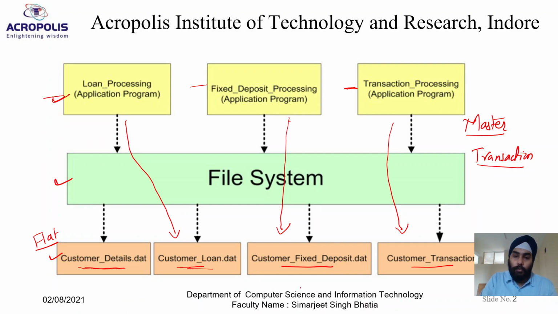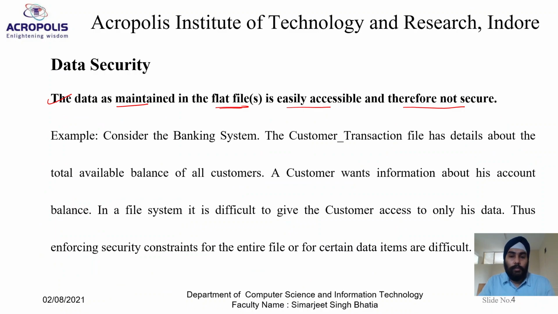In order to disclose the current balance which that particular customer wants to see, we have to provide access to the customer_transaction.dat file to that customer. The problem in this approach is that the customer can see the total available balance of all the customers. That is the major problem, learners.